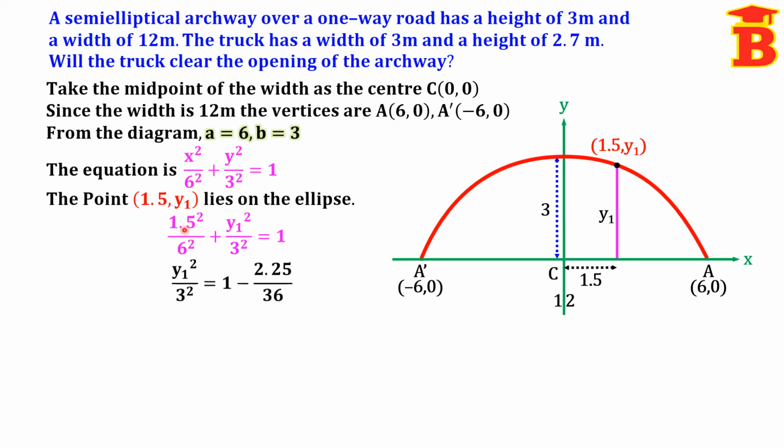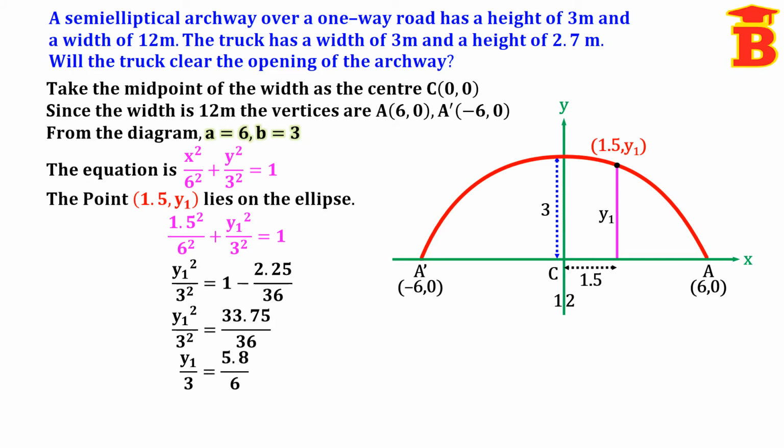And this term take right side, so we get negative sign. 1.5 squared is 2.25 divided by 6 squared is 36. Now right side take 36 LCM, that is 36 minus 2.25 is 33.75.